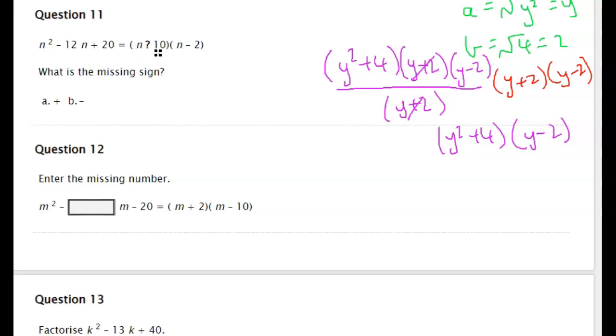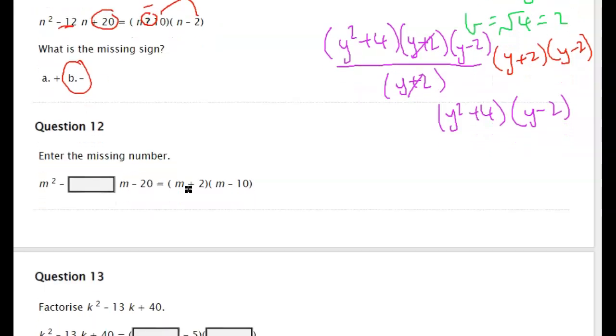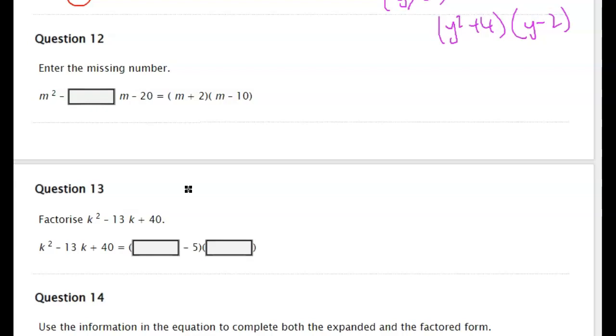If you think about this 20, and it's a positive 20, it has come from multiplying this together. So if we did positive 10 times negative 2, we're going to have negative 20. So this must be a minus sign. And you can also see here that it has to be a minus sign. So B has to be a negative. It's probably good there's not much working out there because I didn't have much space left.